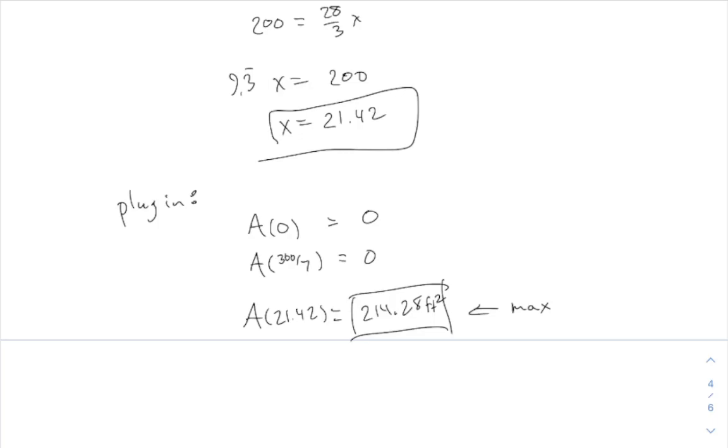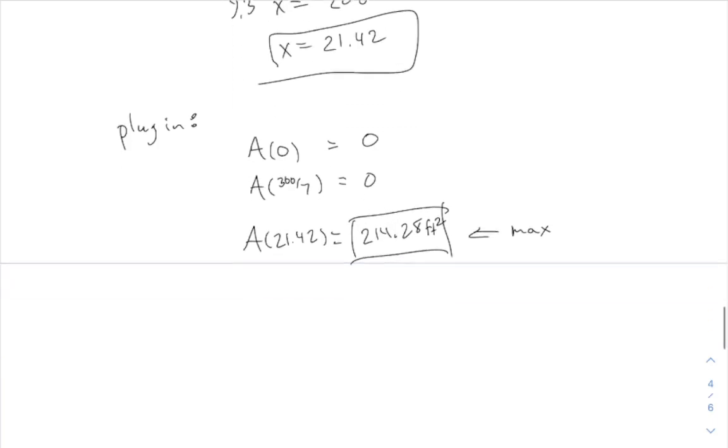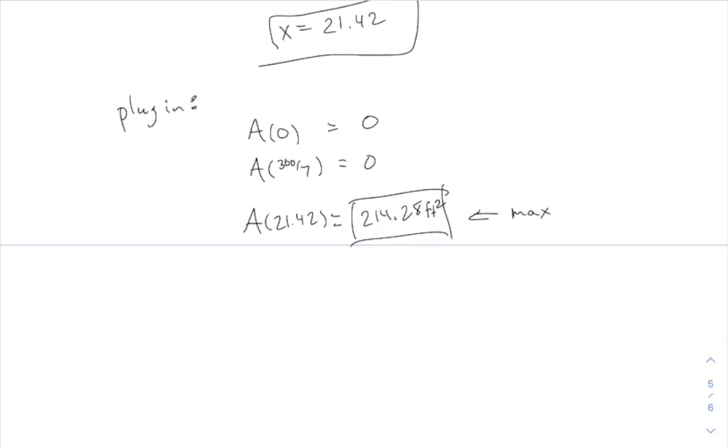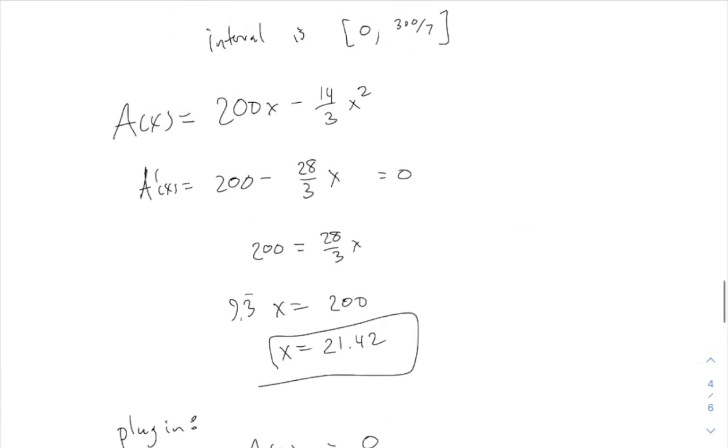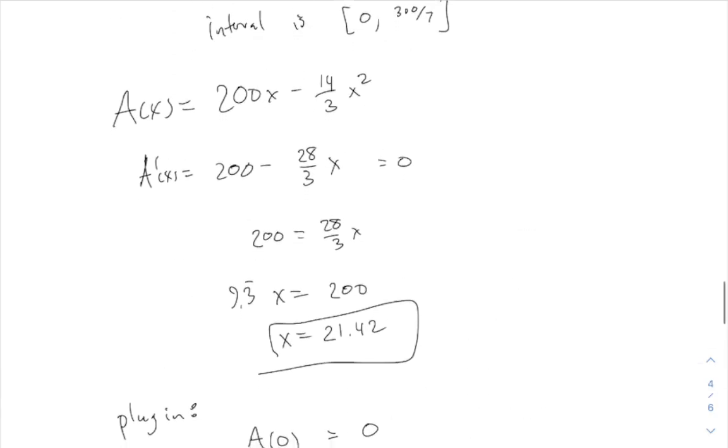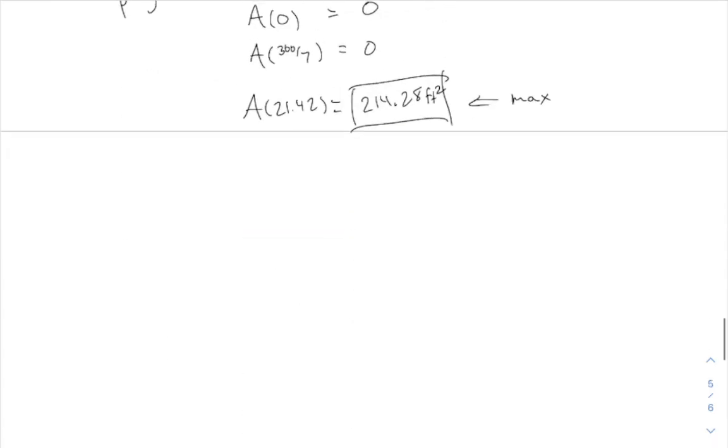Sorry, I didn't go through all the numbers ahead of time like I usually do. Welcome back. It's a train wreck in here. This can't be the correct answer. You should be doing 200x minus 14 over 3 times x squared.